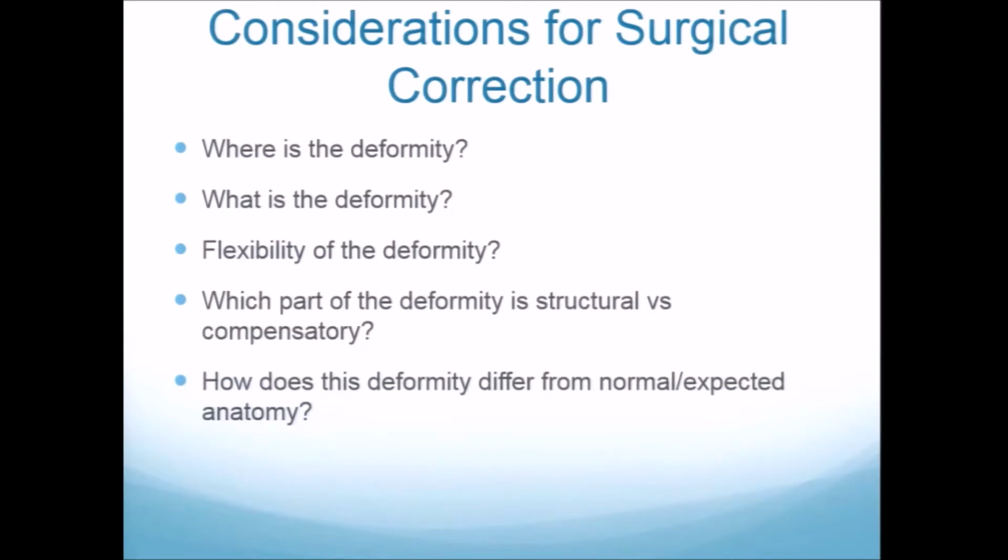And so do we have to consider that when we actually fix your spine? The flexibility of the deformity will help us determine how much of your spine needs to be treated to actually treat the structural portion. And how does your spine differ from normal anatomy? Again, depending on where the deformity is, it's probably doing something different to your back, and that needs to be addressed as we plan for surgery.